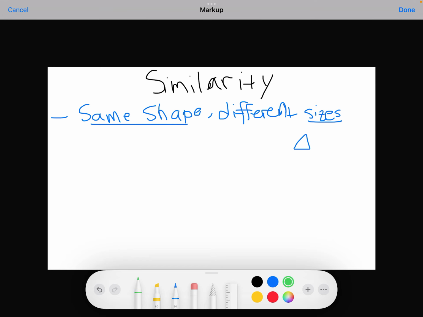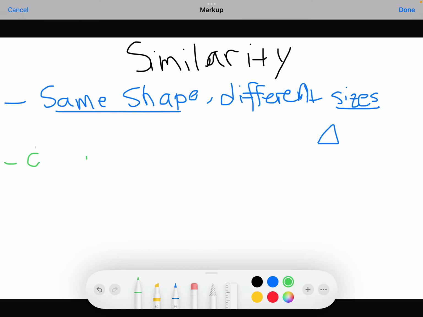Well, the first property is that the corresponding angles are congruent, which makes sense.